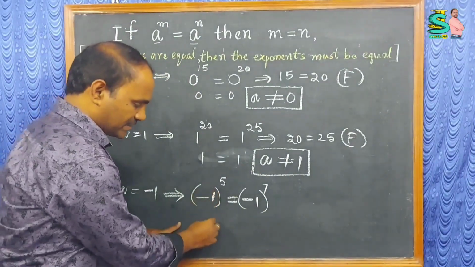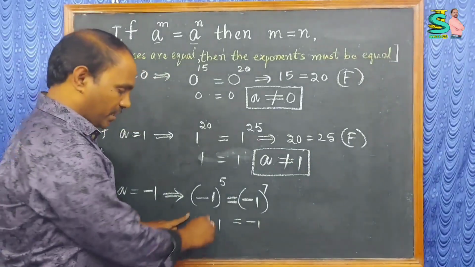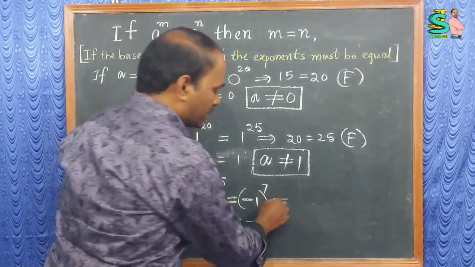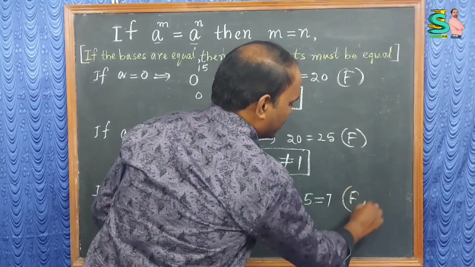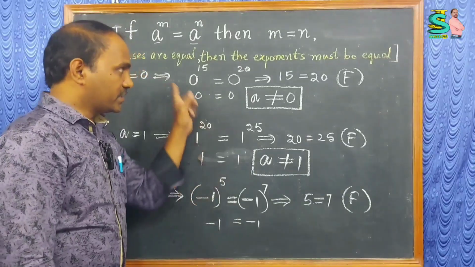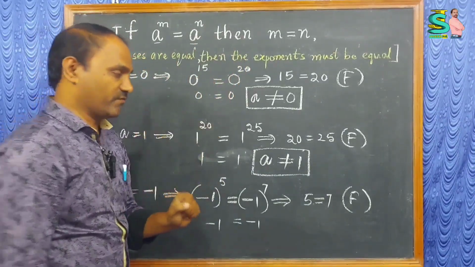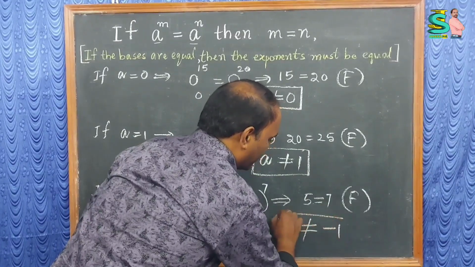Now this value is minus 1 and this value is also minus 1. Here bases are also equal, so in this condition exponents should be equal. No, in this situation also this property is not satisfied. Means a is not equal to minus 1.